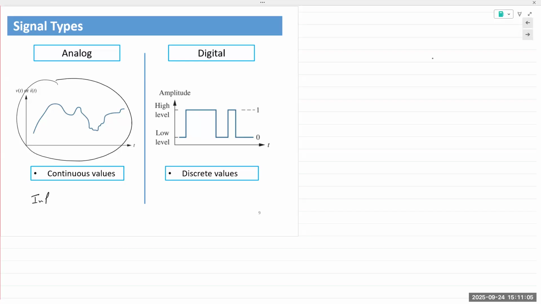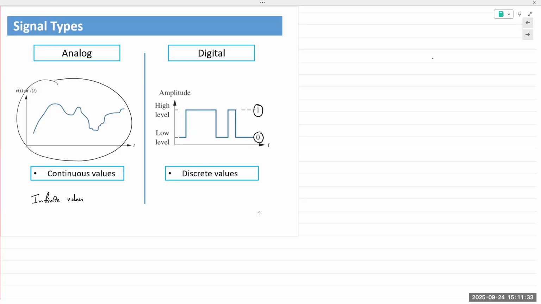Technically, I would say an infinite number of values, depending on where you measure the signal, you could have any value. Whereas digital signals are all about discrete values, and they only have two fixed values.